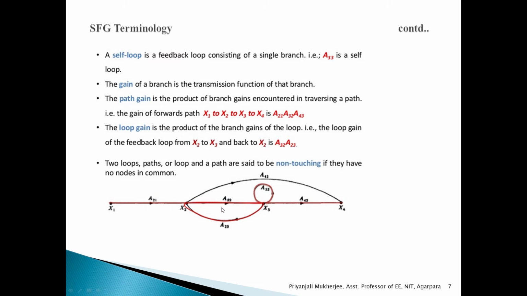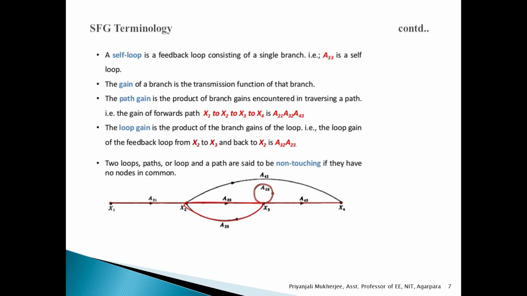So a21 into the path gain of this, that is a32 into a43. So the combination a21 into a32 into a43 is the path gain. And the loop gain is the product of the branch gains of the loop, that is a32 into a23. This is the loop gain.